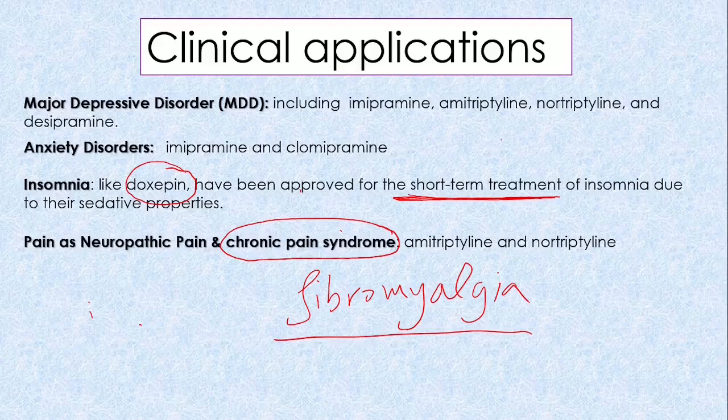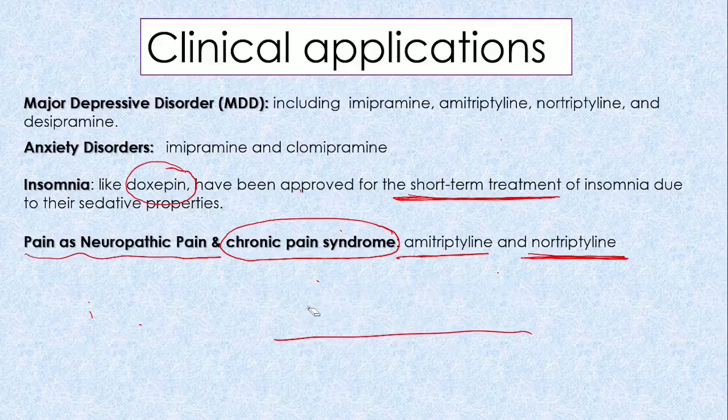Also, they are used in the treatment of pain due to chronic tension. In this case, the most commonly used are amitriptyline and nortriptyline. This is a very important clinical application of tricyclic antidepressants. They are used for neuropathic pain, and as well they are used for chronic pain syndrome.